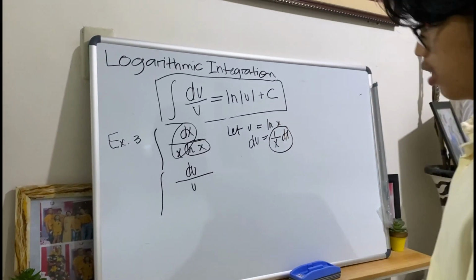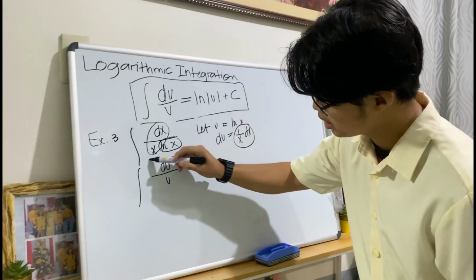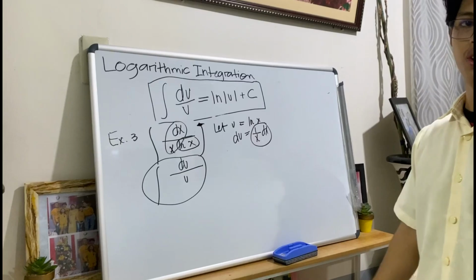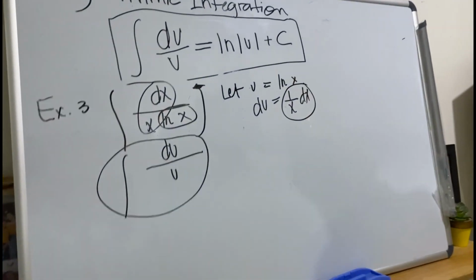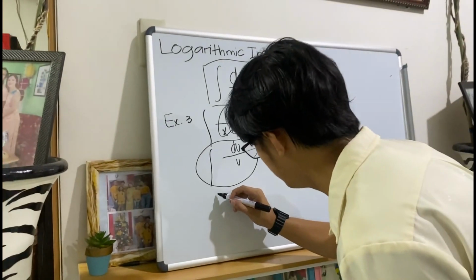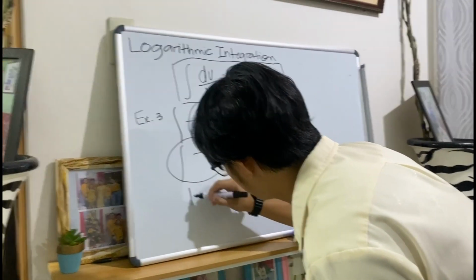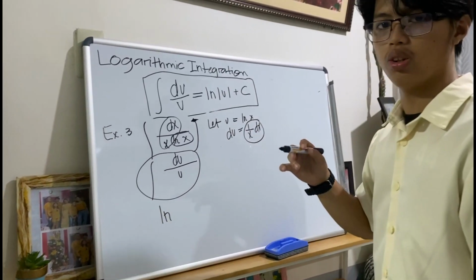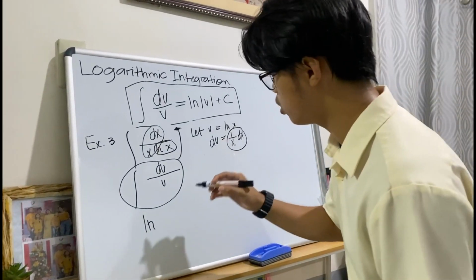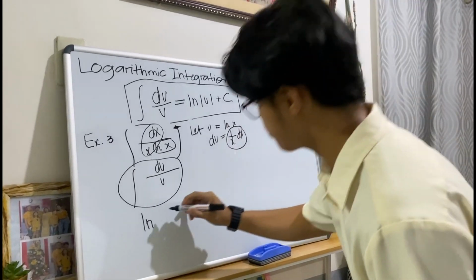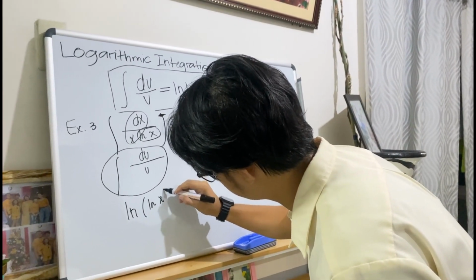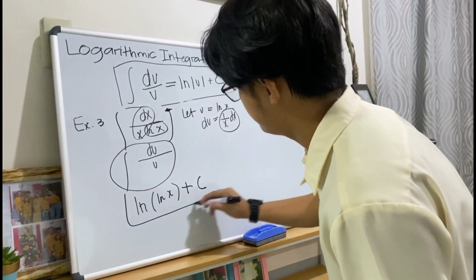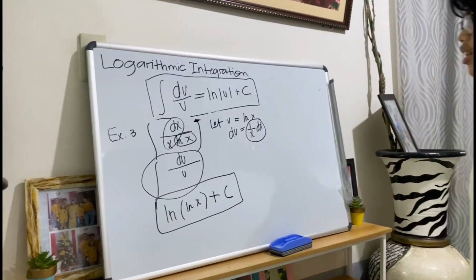So this now refers to the formula for logarithmic integration. The integral of du over u is equal to ln u, and our u is ln x. And don't forget the magical c.